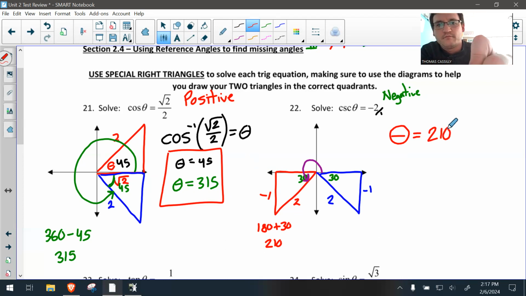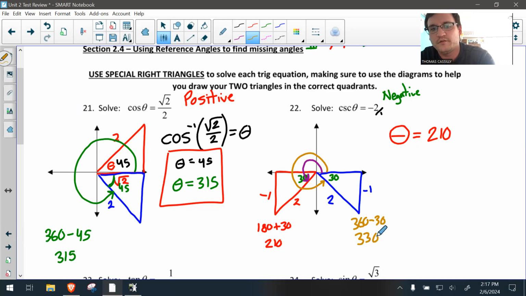And then the next one is this angle right here. It's not a full circle, so this is 360 minus 30. This gives us 330. All right, so theta also equals 330. Those are going to be the two answers for this one.